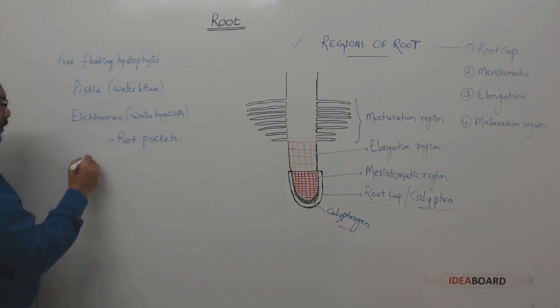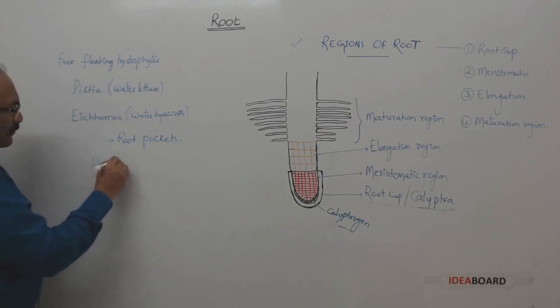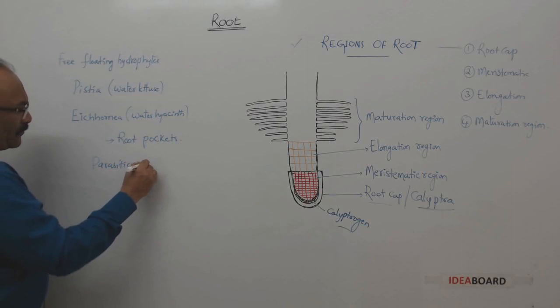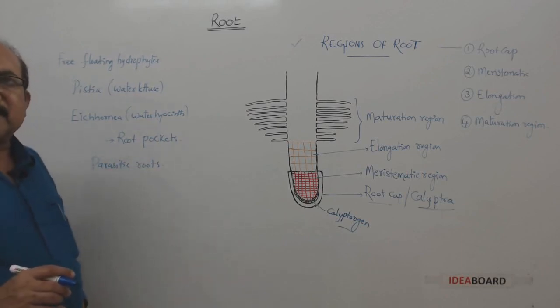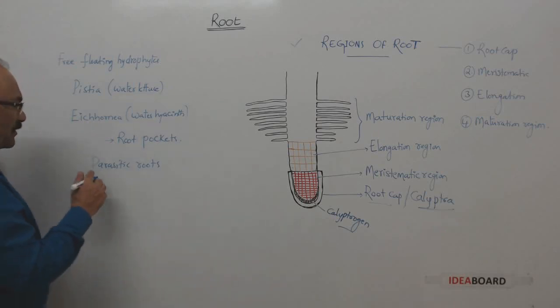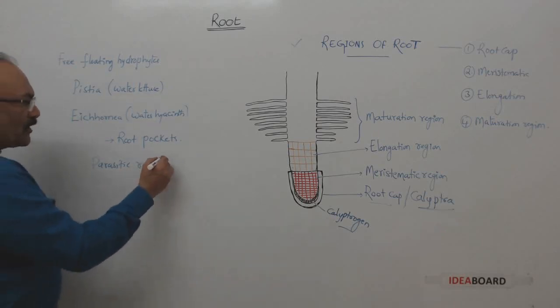But of course, some plants have special roots, like parasitic roots. I hope you heard about the dodder plant or Cuscuta, and that plant's roots are called what? Haustoria.